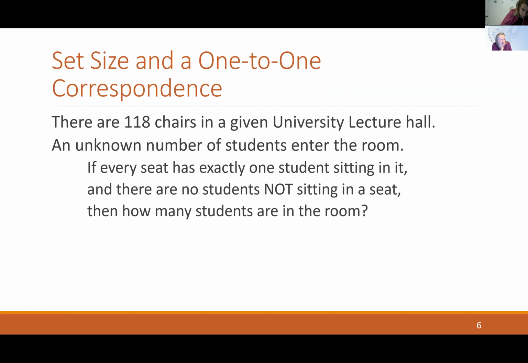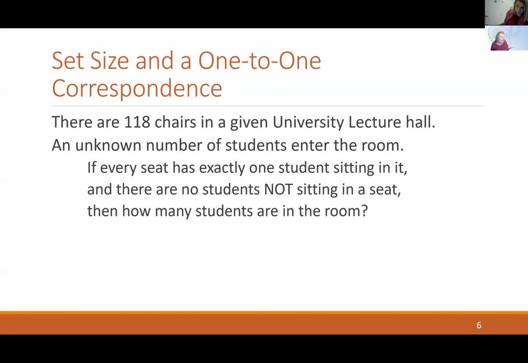Okay, I'm seeing 118. I see a less than or equal to 118. I see an at least 118. Less or equal. Okay, good. So let's talk about it.